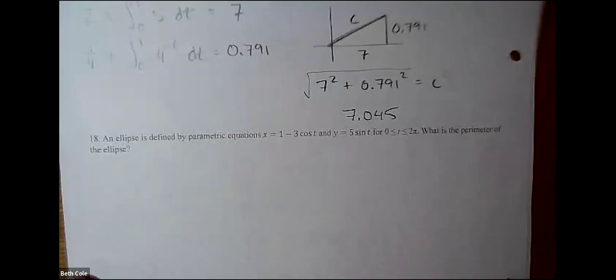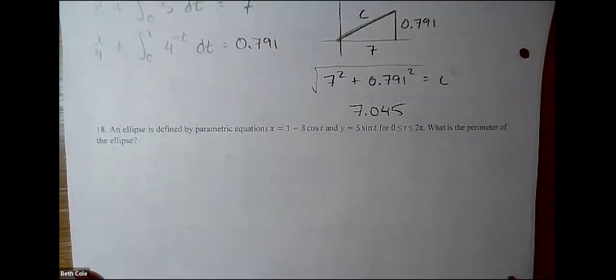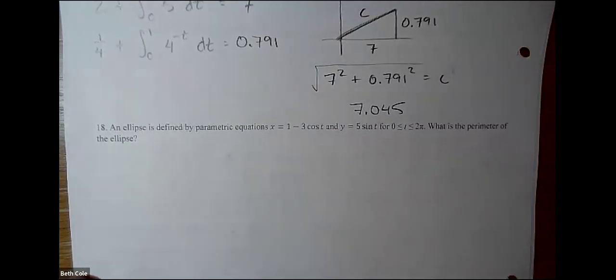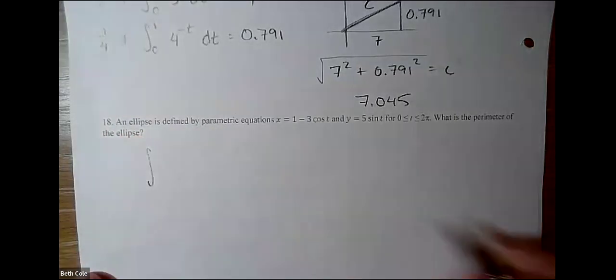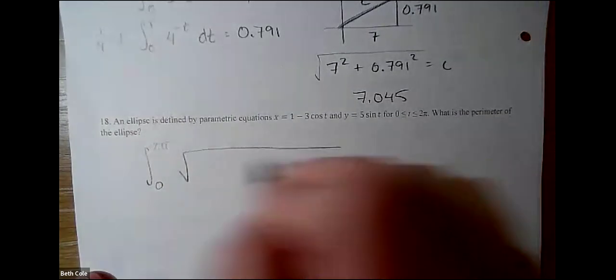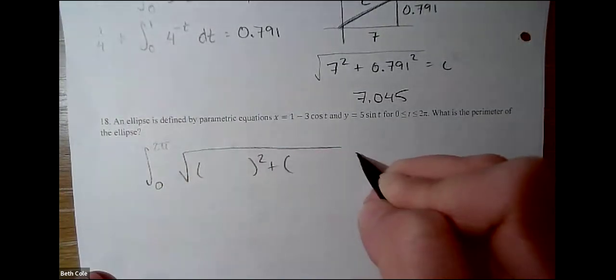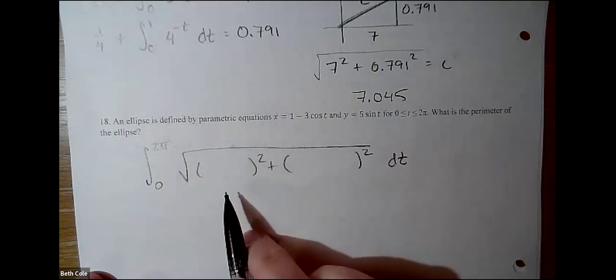An ellipse, which is like an oval, is defined by these parametric equations from 0 to 2 pi. Perimeter of the ellipse, that's the distance around the outside. So it's the arc length. So we want to go from 0 to 2 pi, big square root, set it up blank. And we want to put our derivatives in here.